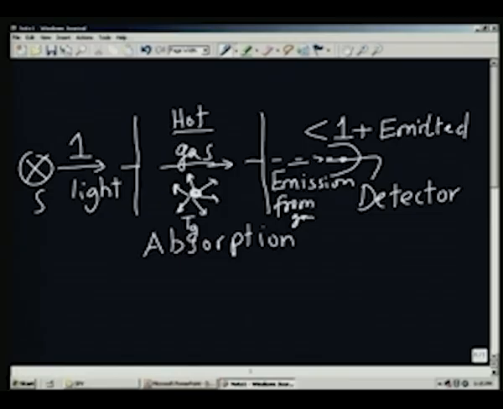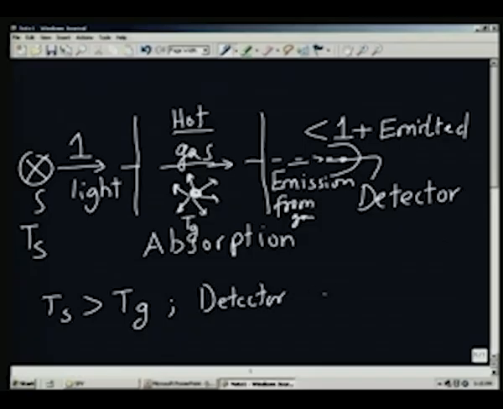So, what we expect is, if the gas is at a temperature lower than the source temperature. So, we will say this is the temperature of the source. If Ts is greater than Tg, the detector reading is less than 1, because the amount of emitted radiation because of the gas emission is not compensating for the reduction in the absorption.